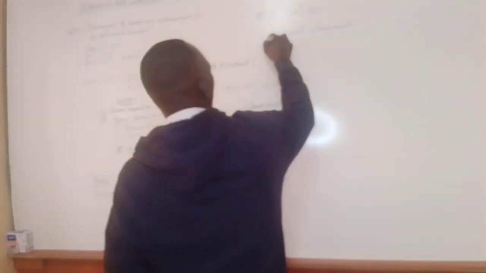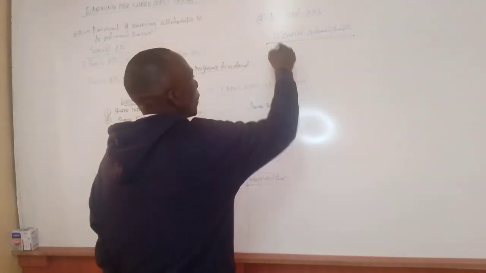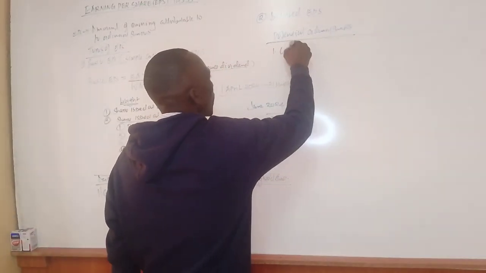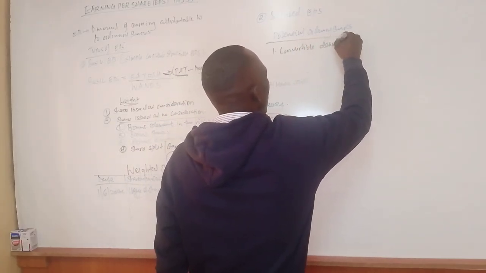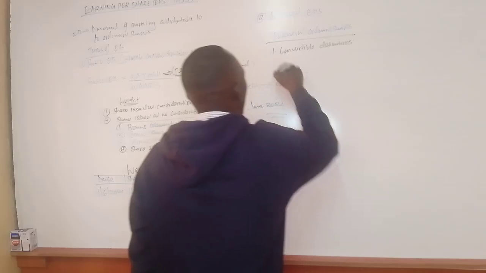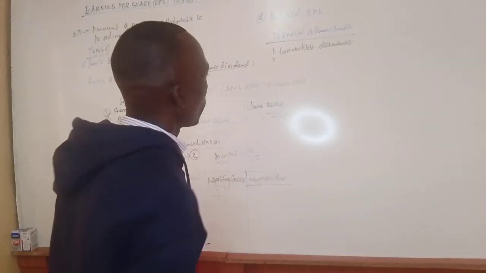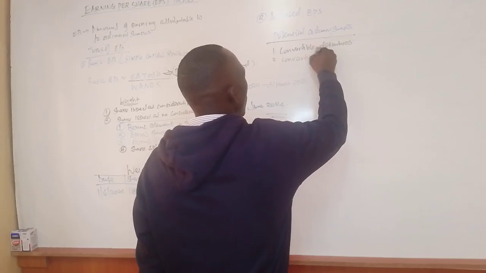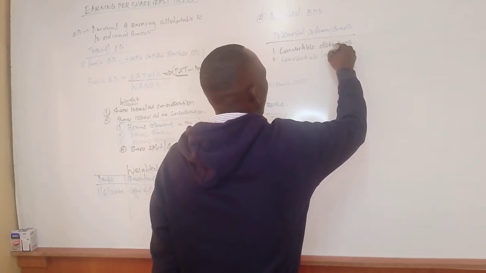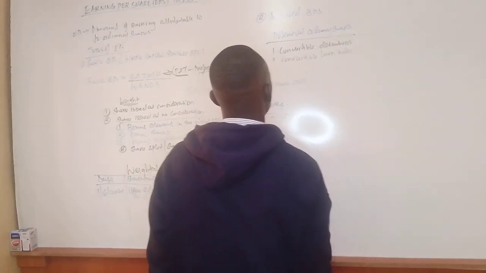Some of the examples of potential ordinary shares, number one, we talk about the convertible debentures. Then number two, we have convertible loan notes or loan stocks.